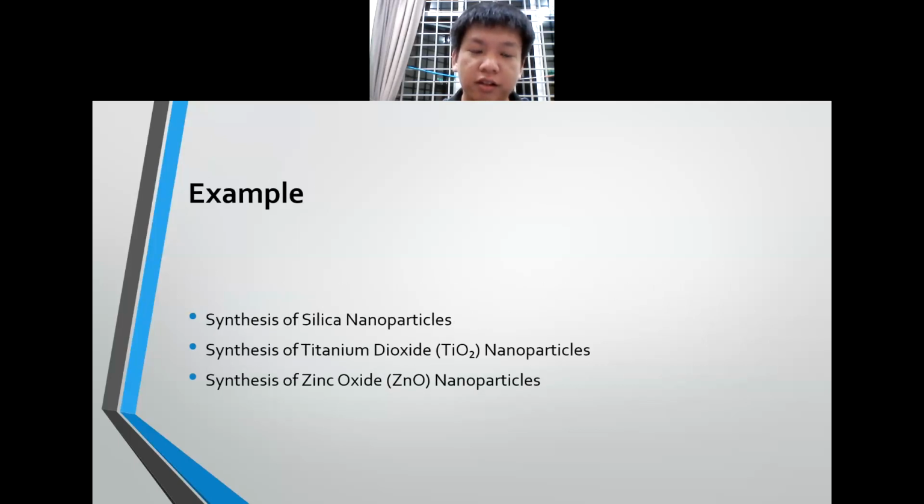For example, synthesis of silica nanoparticles, titanium dioxide nanoparticles, and zinc oxide particles.